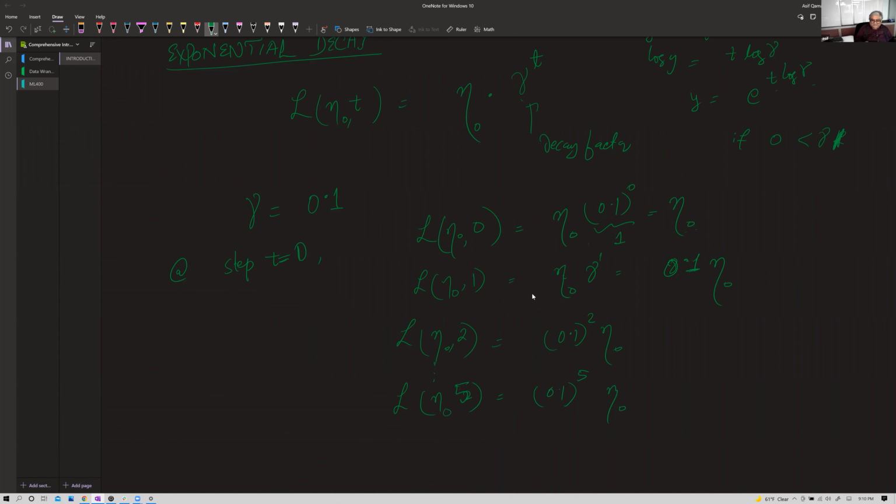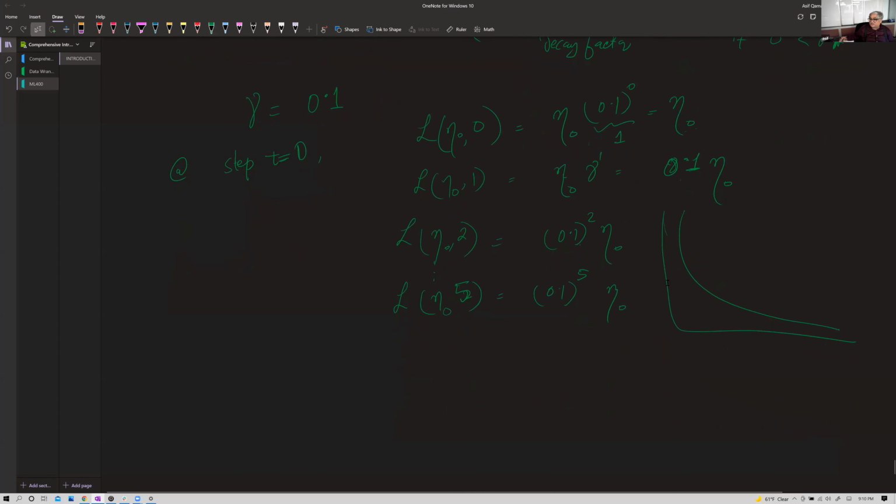Now, how do these numbers behave? 0.1, 0.01, 0.00001. You see how quickly it decays? Learning rate decays, right? That is it. So it's a decaying learning rate.